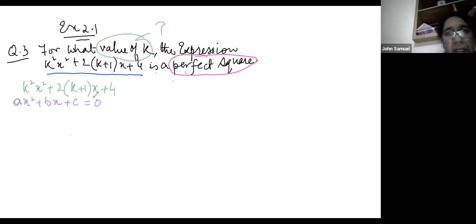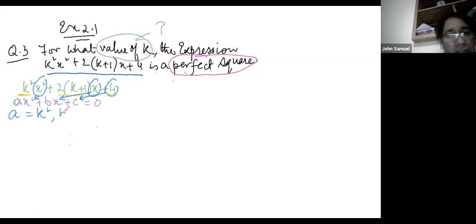Now please look carefully, this is a, this is the value of b, and this is your constant. This is your x square, this is your x, and this is your constant. So I am writing this value. In this algebraic expression, a is equal to k square.